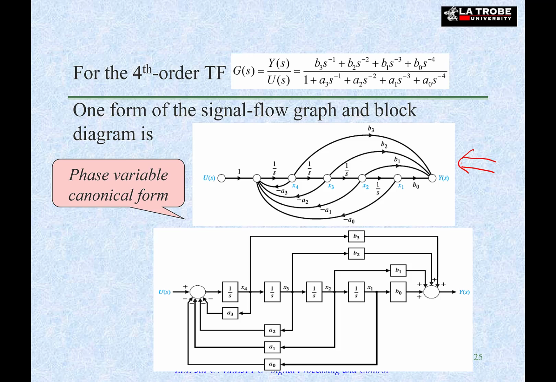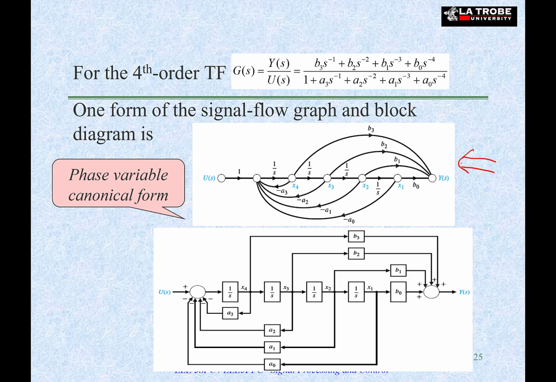All the feedback loops should be touching each other, and they should also touch all the forward paths. And when you draw the signal flow graph, you can see that these 2 assumptions are followed. Now I'm going to review to you the name of this canonical form. It is called phase variable canonical form.